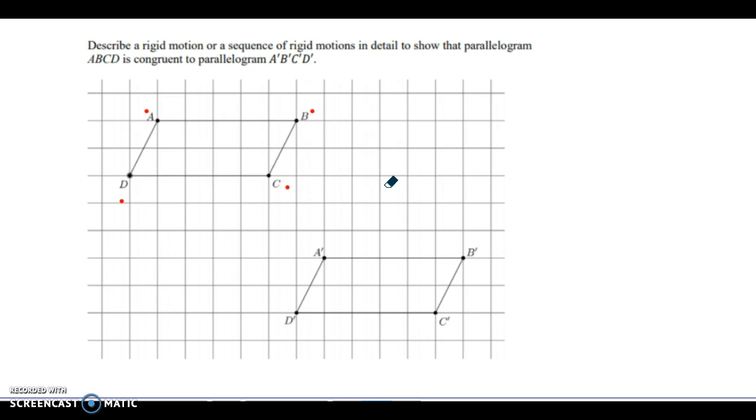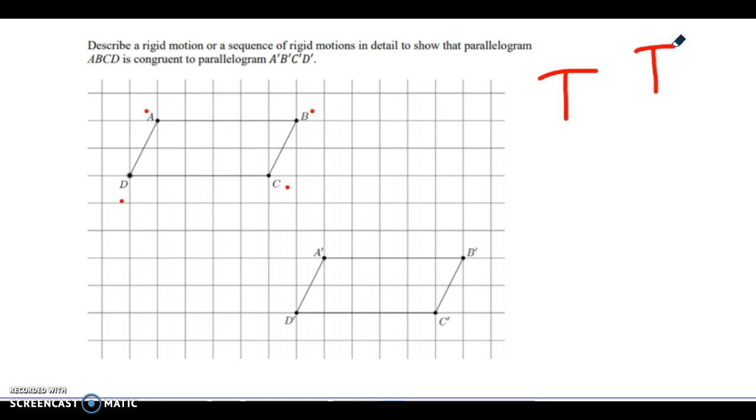So what we need to figure out, given these two images, is whether it has been translated, reflected, or rotated. If you remember from before, a translation means that we have our image and it moves to become our second image.